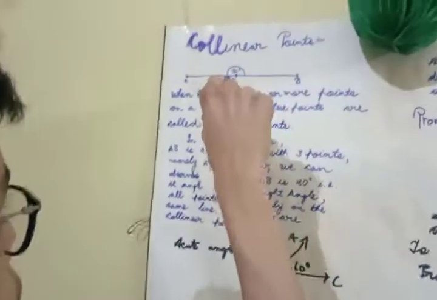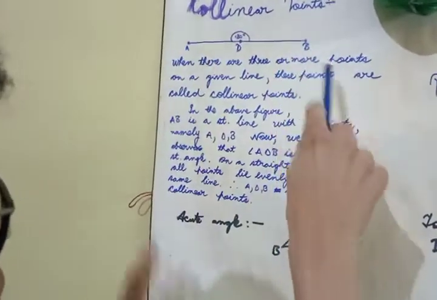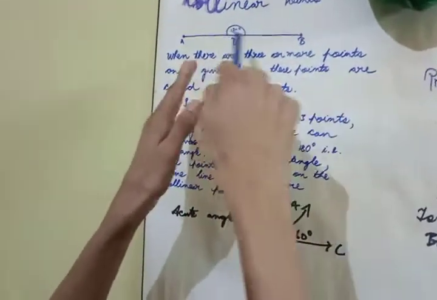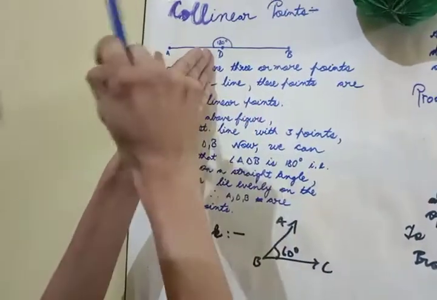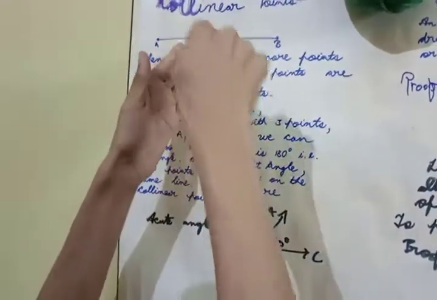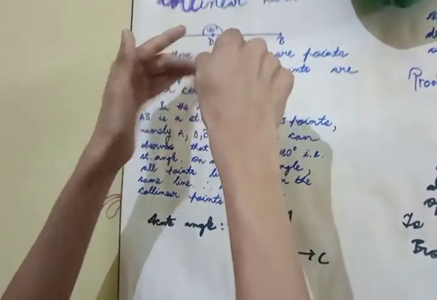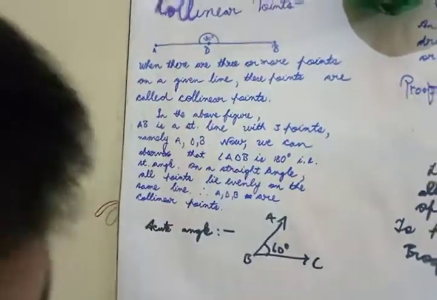On a straight angle, as you know, all the points need to lie on the same line to form the straight angle. So in this line, A, D, B lie next to each other, forming an angle of 180 degrees at D. So this is the vertex and the angle is forming here, the 180 degree angle, and A, D, B are collinear points.